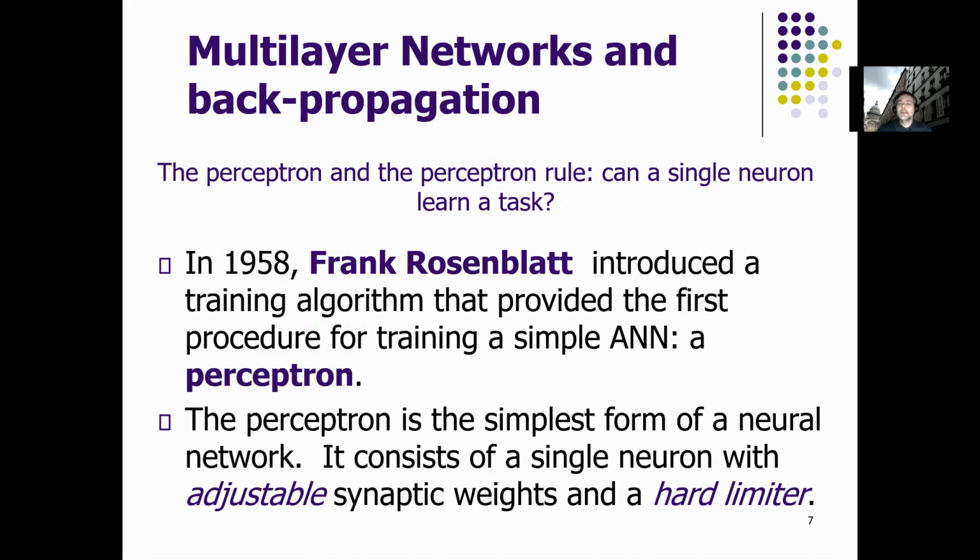Before the multi-layer networks, we had a model which was introduced in the 50s, one of the first attempts to create adaptive networks. This is called the perceptron. And also there is a rule, a special training algorithm for training this kind of perceptron. It was introduced in 1958 by Rosenblatt.